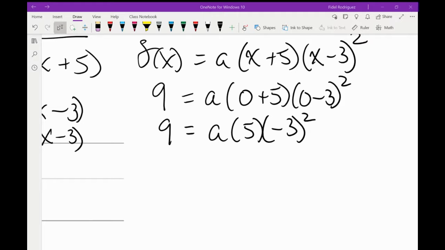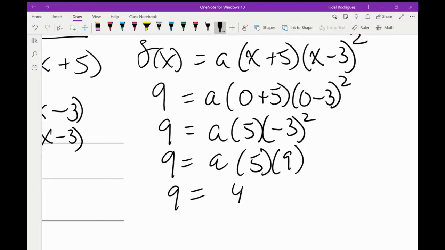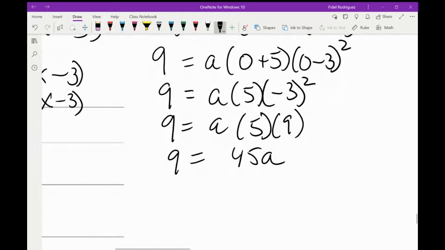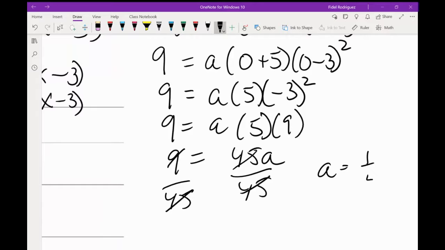Excellent, Vivian. Perfect, right? So you'd say, okay, well, negative 3 squared is a positive 9, and then that's going to give me a 45a, and then the last thing I'm going to do is divide both sides by 45, and we're going to end up with a is 1 over 5, right?